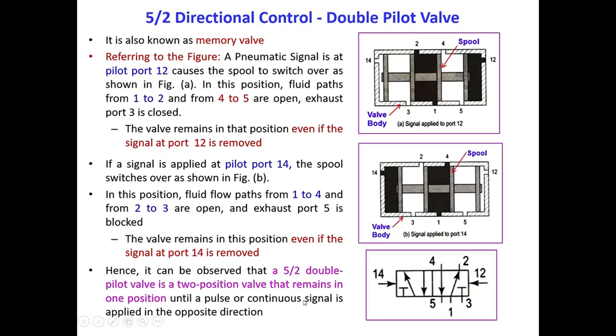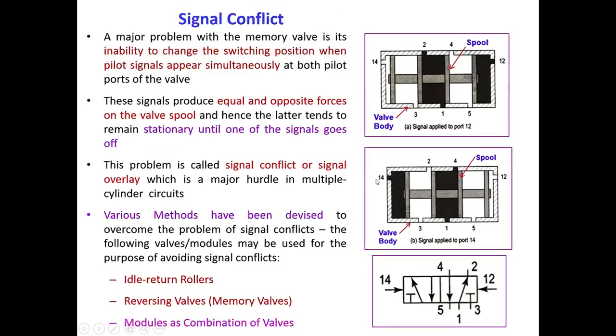In this position, fluid flow paths from 1 to 4 and from 2 to 3 are open and exhaust port 5 is blocked. The valve remains in this position even if the signal at port 14 is removed. Hence, it can be observed that the 5/2 double pilot valve is a two position valve that remains in one position until a pulse or continuous signal is applied in the opposite direction.